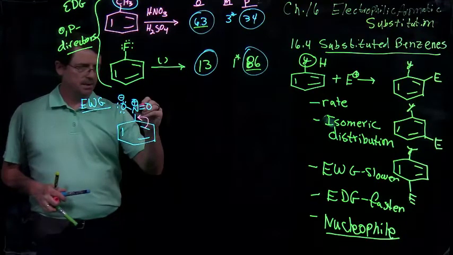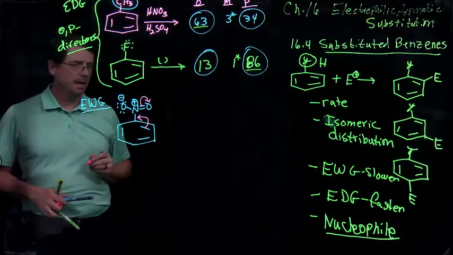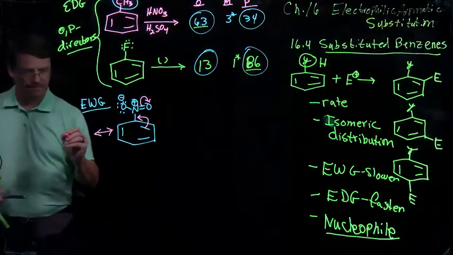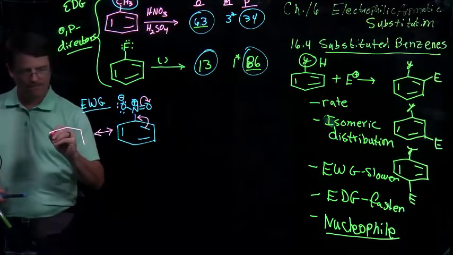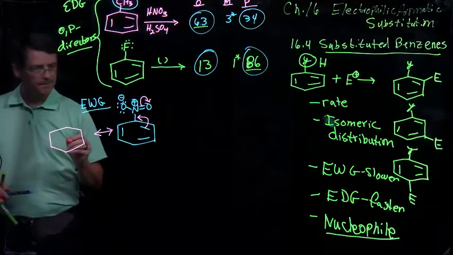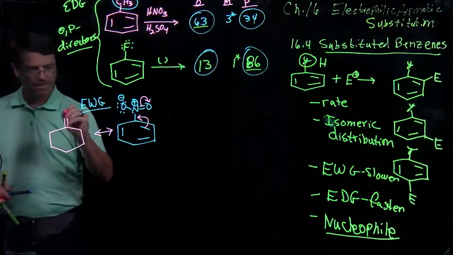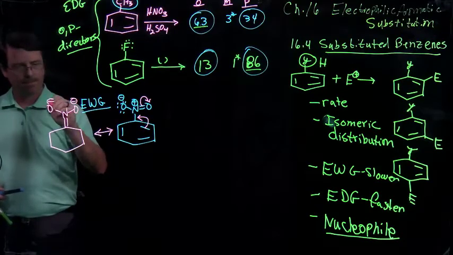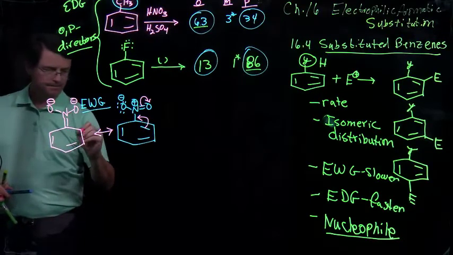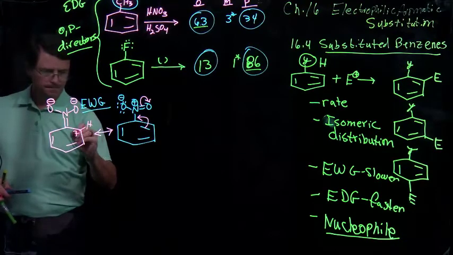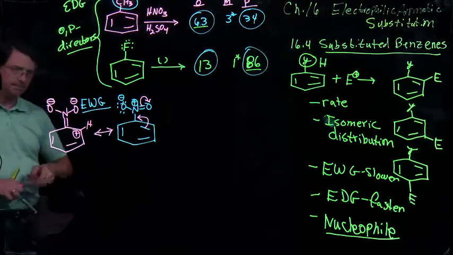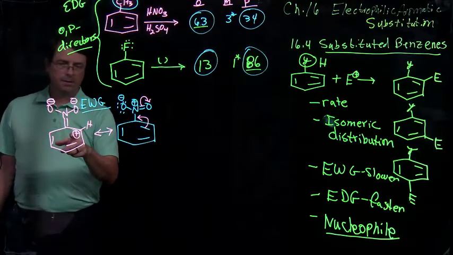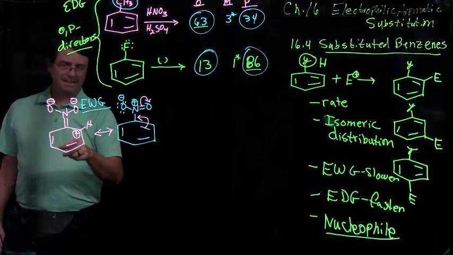with resonance. If we look at this resonance form, that resonance form has removed electron density from the ring.